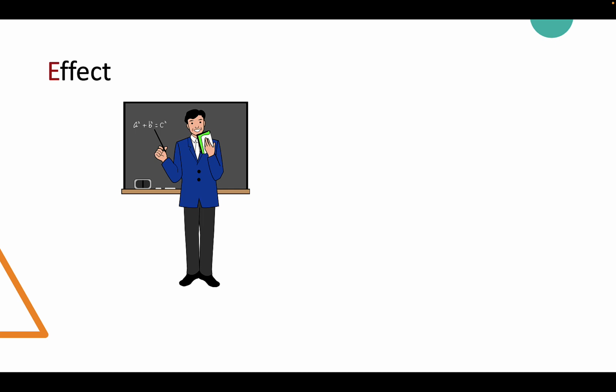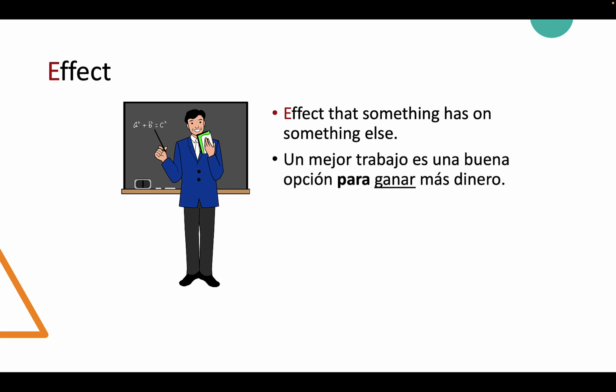Now, when it comes to effect, which is basically the impact that something has on something else, we can actually link it to the previous example, right? I am completing a degree in order to get a better job or better job opportunities. At the same time, a better job can be a good option to earn more money.